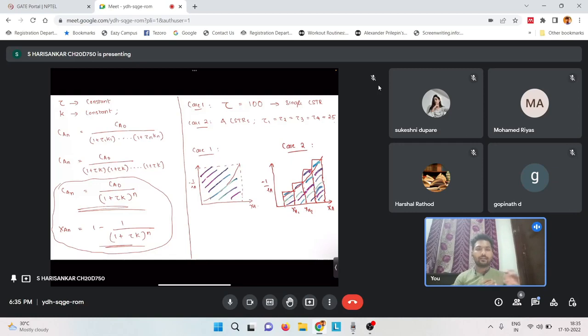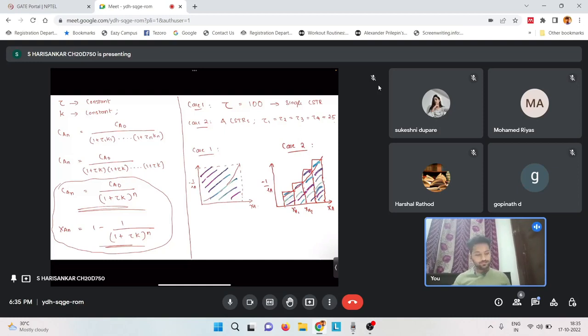But in case 2, because you are employing the CSTRs in series by taking smaller volumes, four CSTRs of space time 25 each, you are able to achieve that conversion in a much lesser volume compared to the first case. You get it? So that is basically the reason why people prefer to employ CSTRs in series compared to a single CSTR of huge volume.